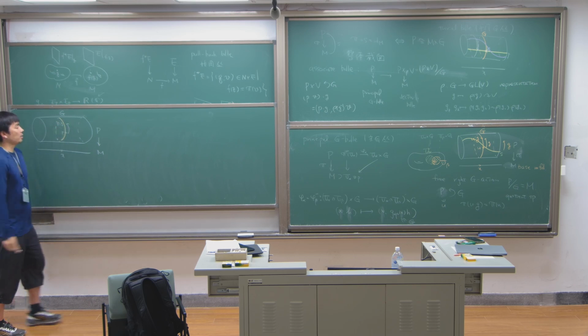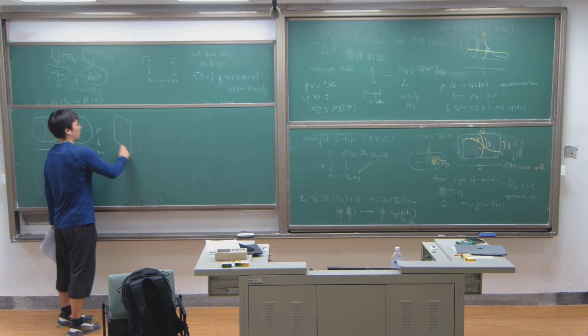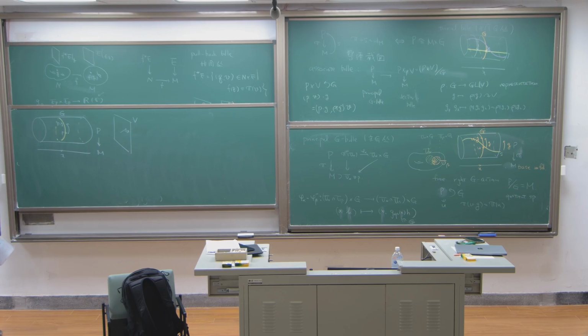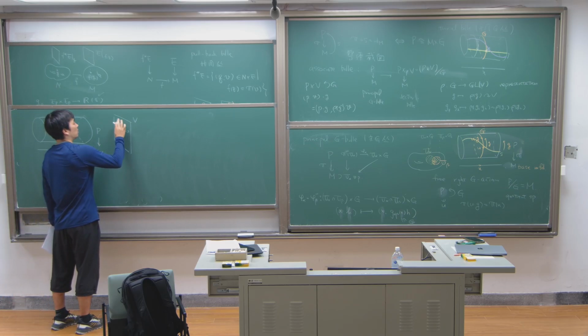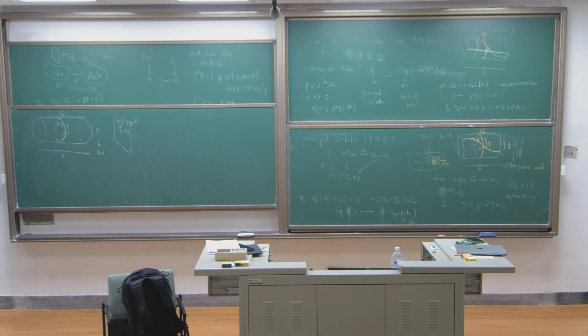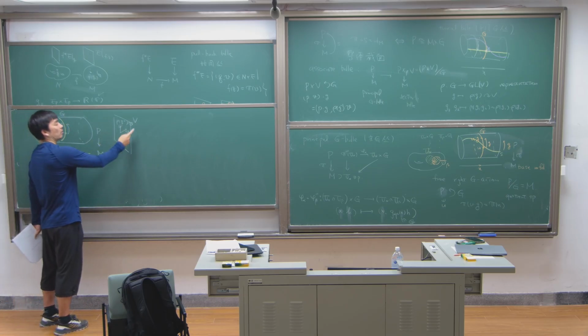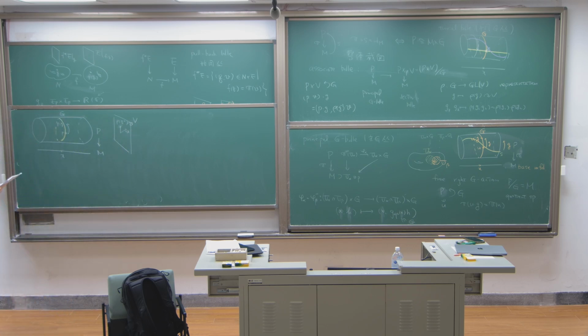On the other hand, the vector v is mapped to rho g inverse v. So on one hand you have a G action on the fiber, on the other hand, the G action here. That's also a G action.